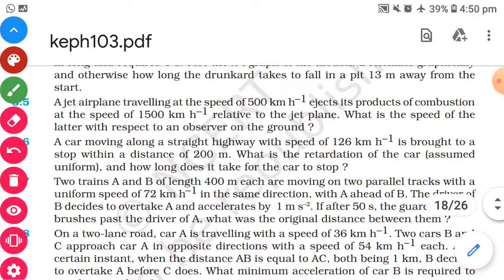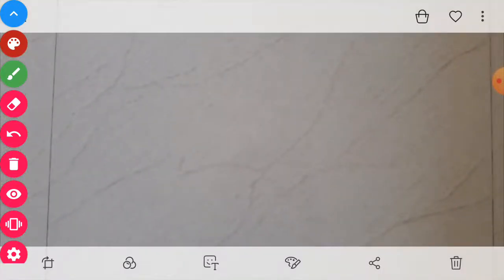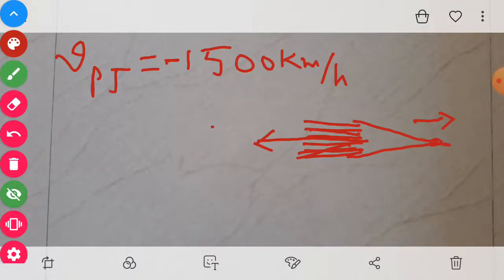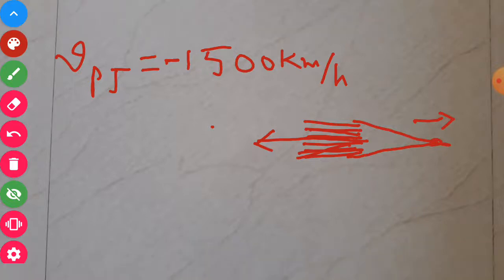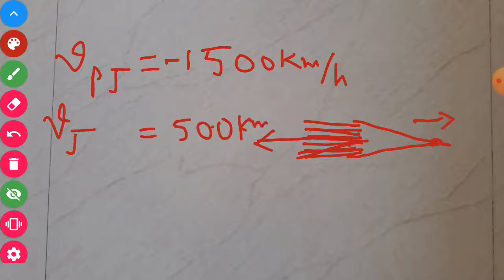The jet airplane is traveling at the speed of 500 km per hour, so we can write the velocity of the jet plane as 500 km per hour, and it is in the forward direction, towards the right, which is why we take it as positive.